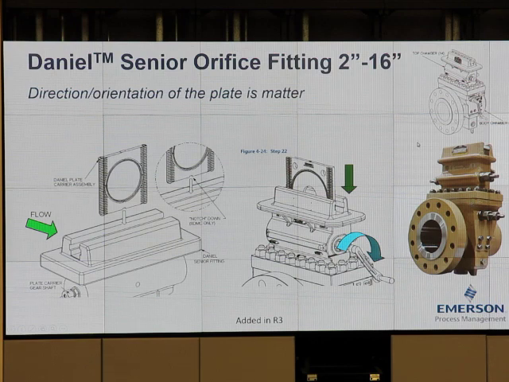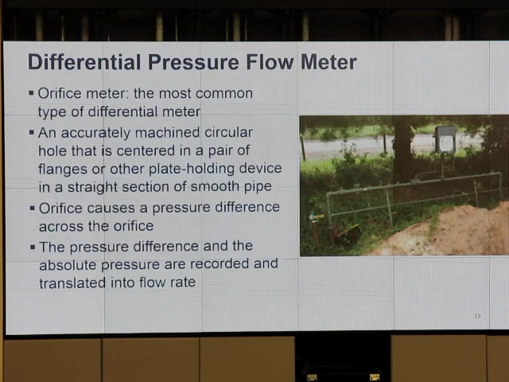So this is an orifice fitting. This fitting itself is not a flow meter. It's just a fitting to hold the orifice plate. The actual measurement comes from the pressure drop. We convert the pressure drop to flow rate for the orifice plate.